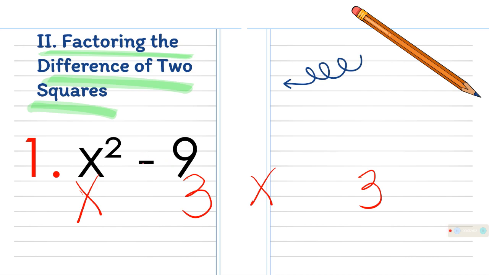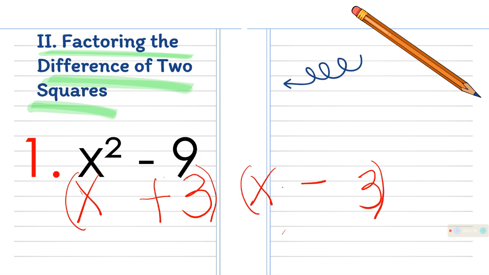But since we have a negative sign, we have to express our answer as the product of the sum and difference of two terms. Okay? So again, we express the factors of a difference of two squares as the product of the sum and difference of two terms.